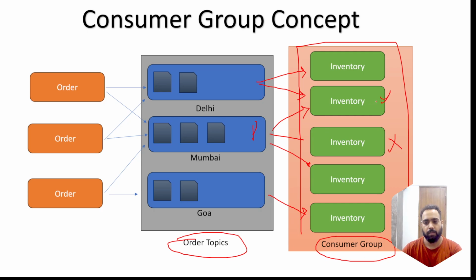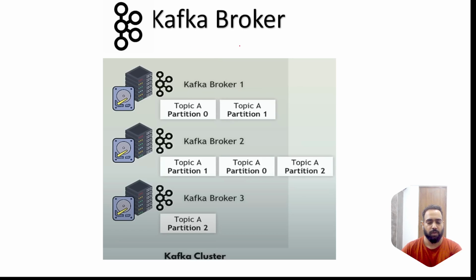This handling of a microservice which is not working, and transferring its load to the next microservice instance, is done by the Kafka broker. Okay, so this is the Kafka broker.